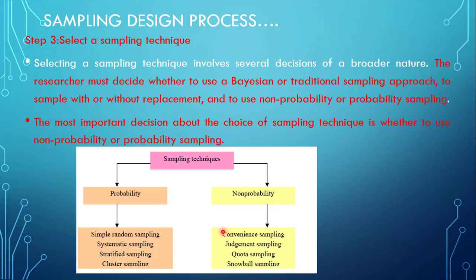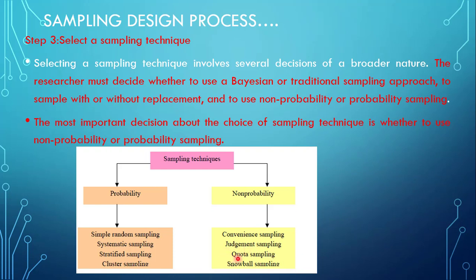In the non-probability, you have convenience sampling, judgmental sampling, quota, and that of snowballing. When you say convenience sampling, it is dependent on the convenience of the researcher, and it is accidental. When you say judgmental, it is similar to convenience, but the difference is it is based on a certain experience of the researcher.